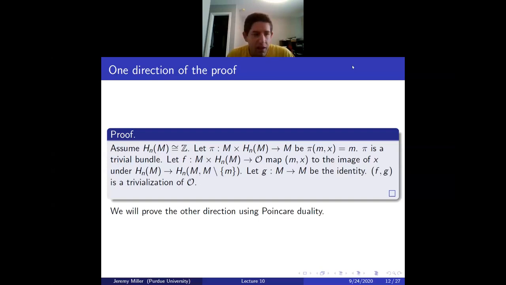Because you'd be like, okay, I have all these groups that are Z, but I need a way of sort of coherently saying what, maybe you should think of the orientation bundle as, around each point, you want to know what the degree of a small sphere around that point is, up to sign.